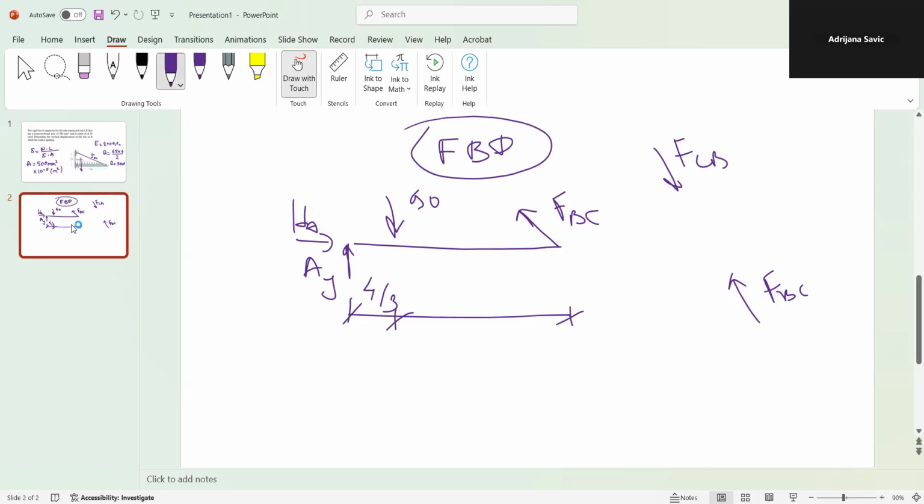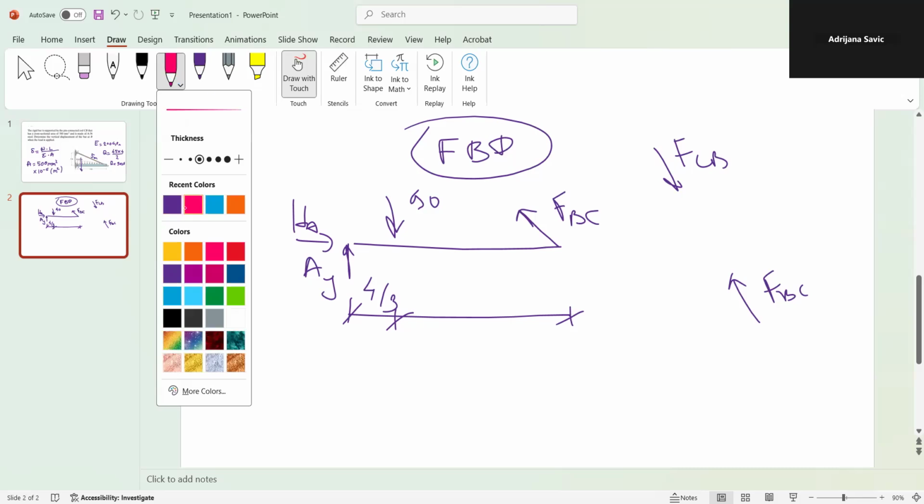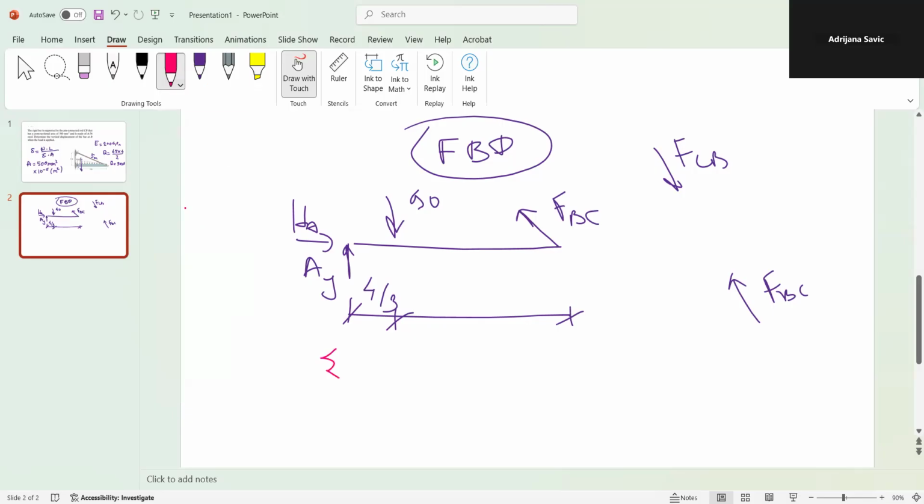The next step is to write the equations of equilibrium. We have 3 unknowns and 3 equations of equilibrium, so we can determine all unknowns using these 3 equations. Sum of forces in the x direction is equal to 0. What we have is force HA, and FBC times cosine of the angle alpha.